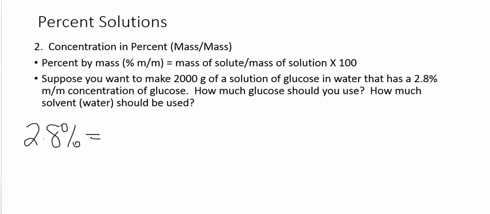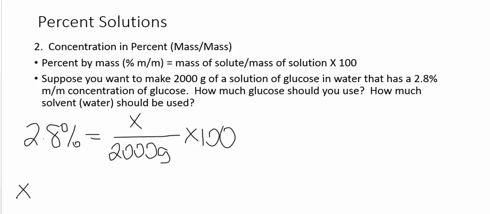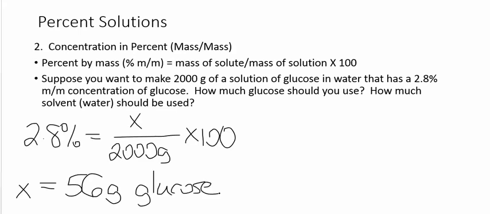We're going to set that equal to X, which is the mass of glucose, divided by the total mass, 2,000 grams times 100. So X, the mass of glucose, when I rearrange this equation, leaves me with 56 grams of glucose.